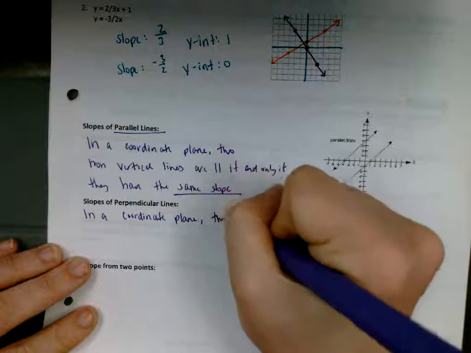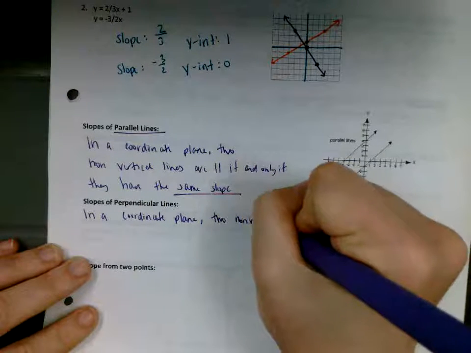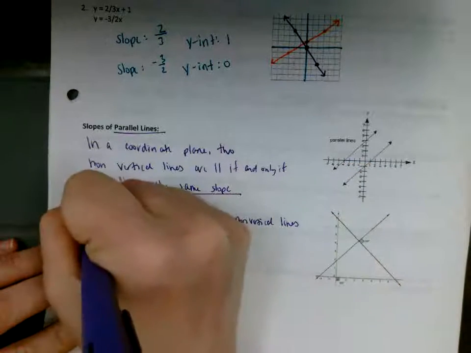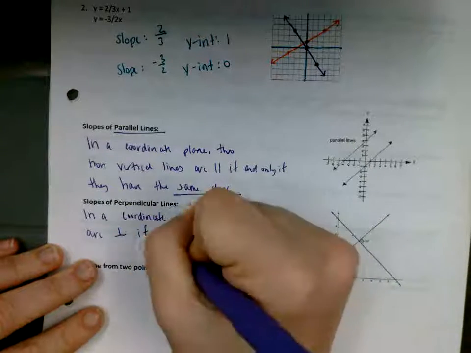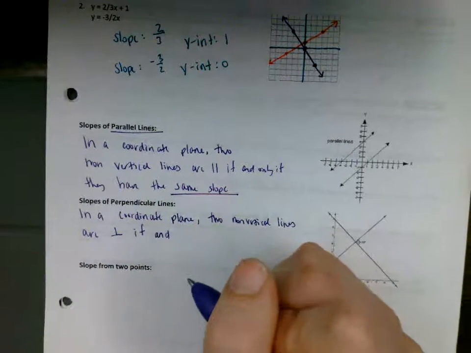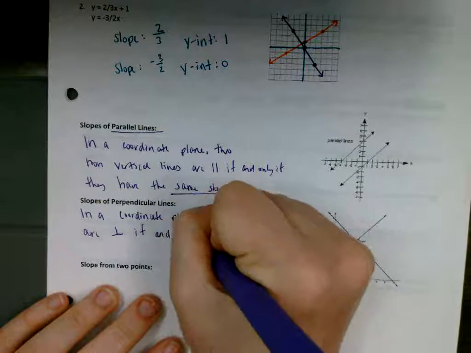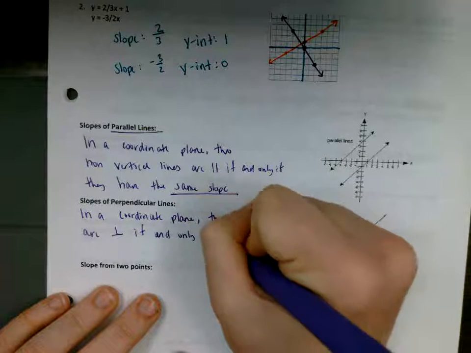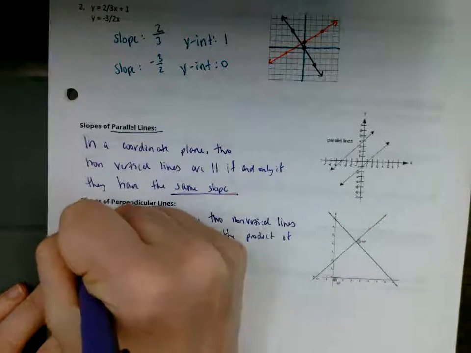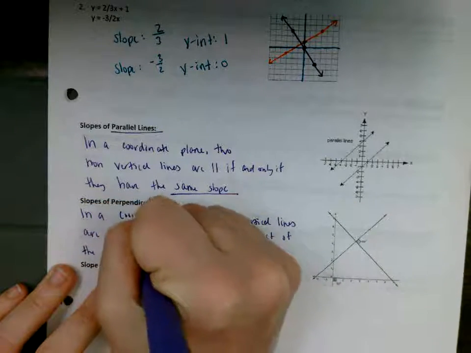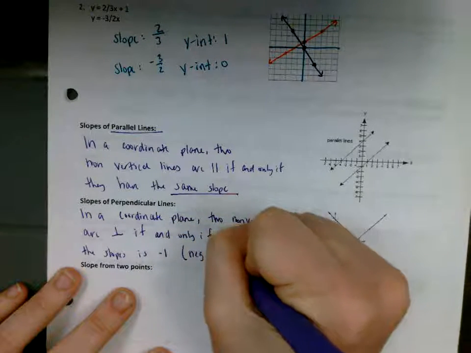Two non-vertical lines are perpendicular if and only if, and you notice I've used the symbols for parallel and perpendicular, if and only if the product of the slopes is -1, which means that they are negative reciprocals.